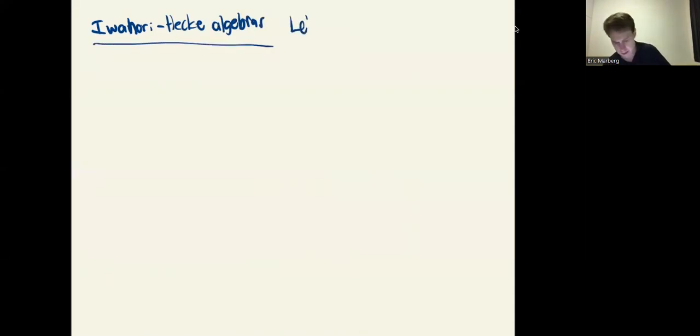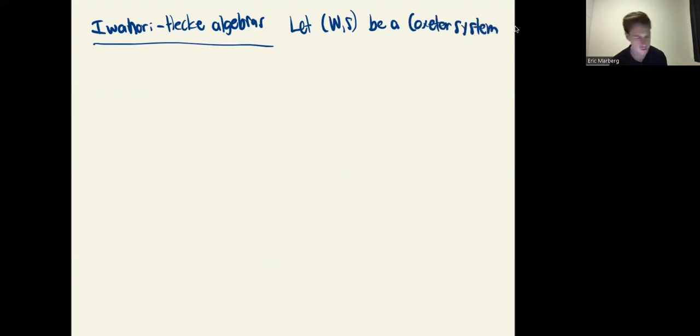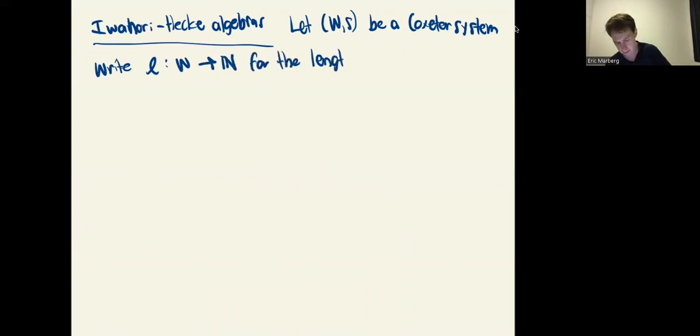So let (W,S) be a Coxeter system. So a Coxeter group with a set of simple generators, and write L for the usual length map, which tells us the minimum number of factors from S we need to multiply together to give any particular element of W.